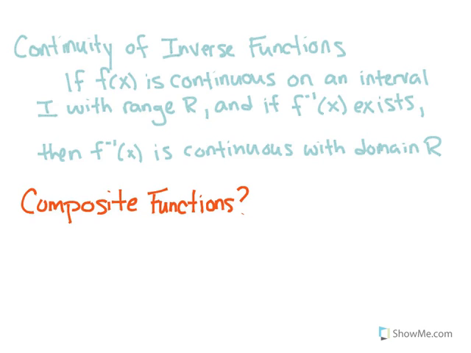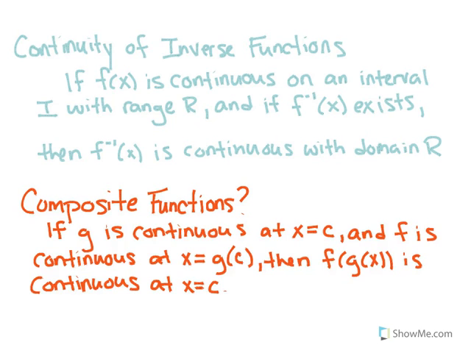So another type of function that we're going to talk about its continuity with is composite functions. So for the composite functions, if we have a function g, and if it's continuous at x equals c, some point, and f is continuous at x equals g of c, then the composition is also continuous at that point.